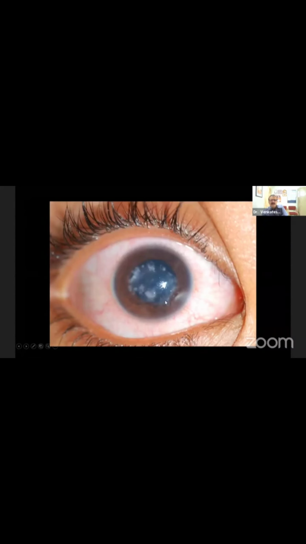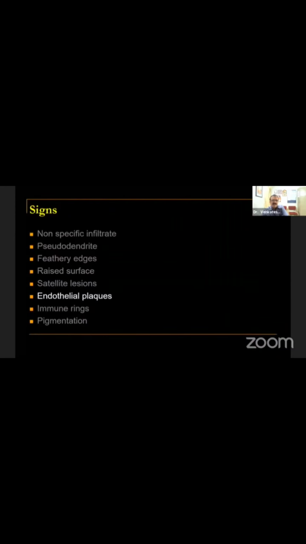But you have to also understand that these slides are handpicked for me to deliver this lecture and to make it clearer for you. Fungi sometimes don't read textbooks, and so they don't present the way we want them to. Without the aid of microbiology in real life, it's really difficult to confirm a diagnosis of fungal keratitis.